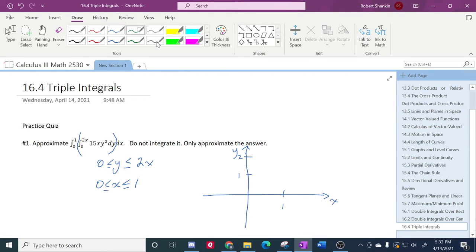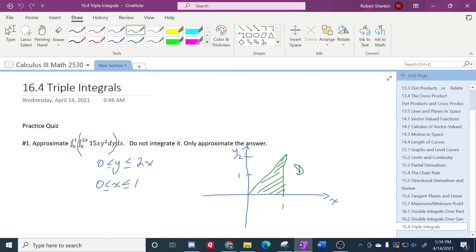And as x goes at 1/2, the y is varying between 0 and 1, and so on. It's going between here and here. This is the region that we are integrating over. We sometimes call this region D, or R, whatever. And so then we're going to be finding the volume underneath the surface.